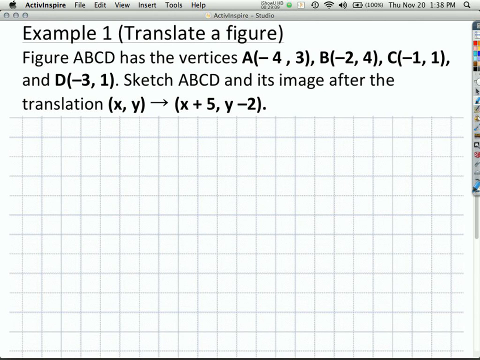Figure ABCD has these vertices. Sketch the figure and its image after the translation, and here is the translation that we are to use. So this is the rule that tells us how to transform it.